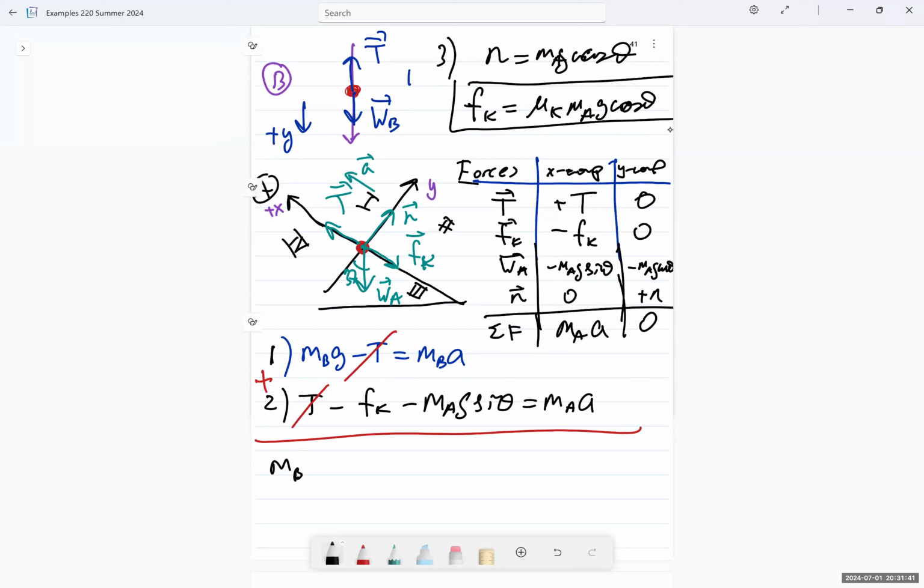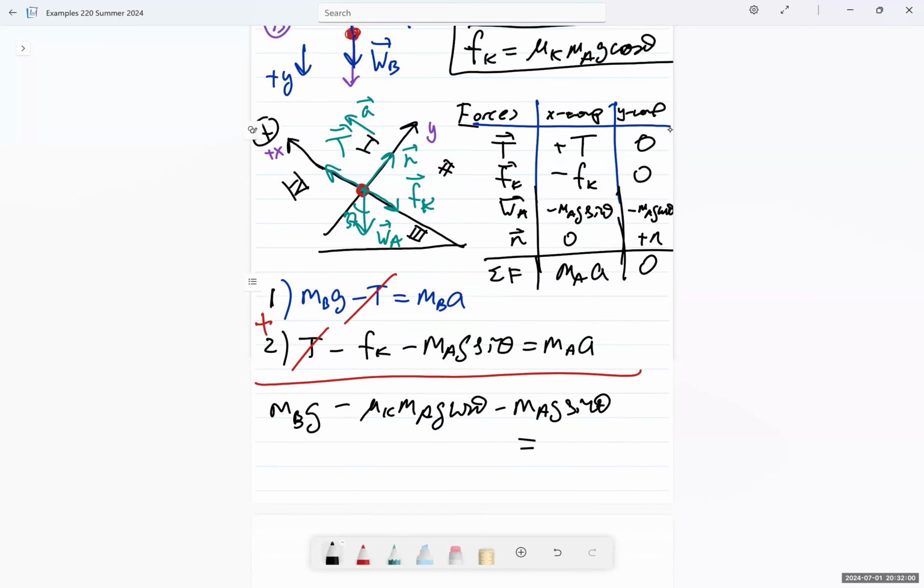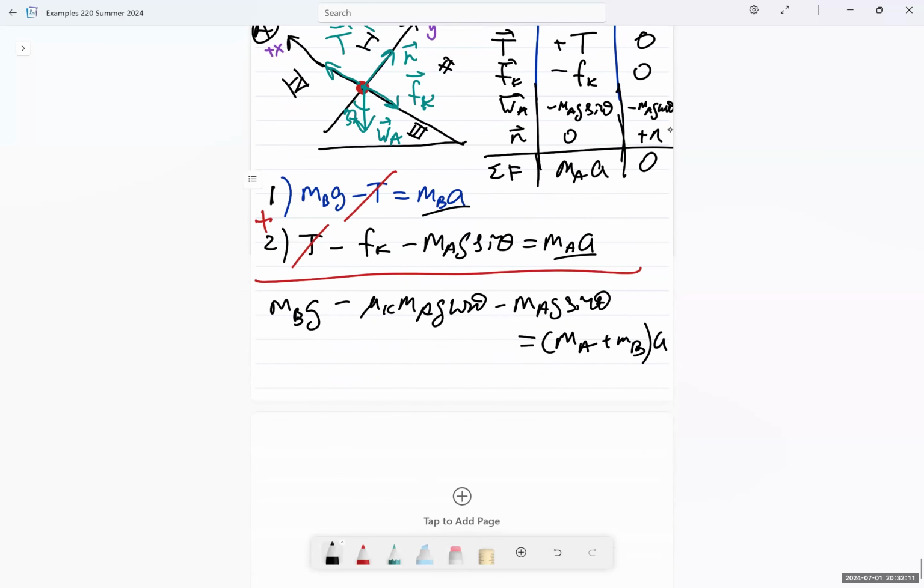It will then be MBG minus Fk, which is mu k MAG cosine theta, minus MAG sine theta. And this equals, on the right side, those two added together: MA plus MB times a. All I have to do is divide both sides by the sum of the masses.